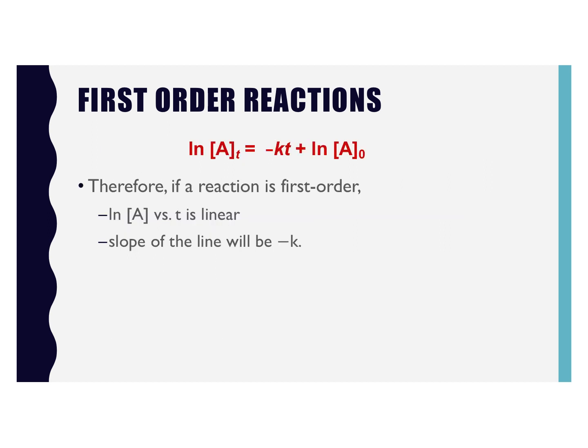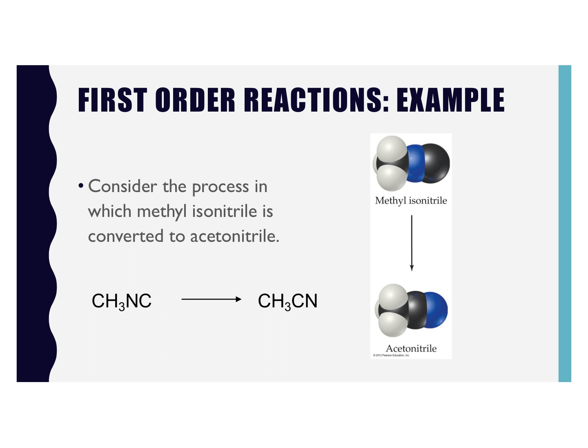So graphically then, if you graph out this equation, if a reaction is first order, the natural log of the concentration versus time is going to be linear, and the slope is going to be the negative of the rate constant.